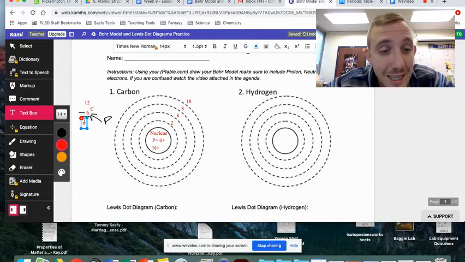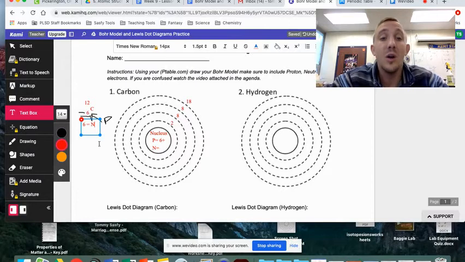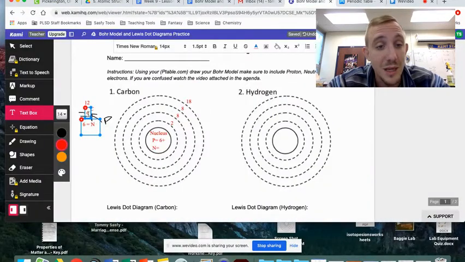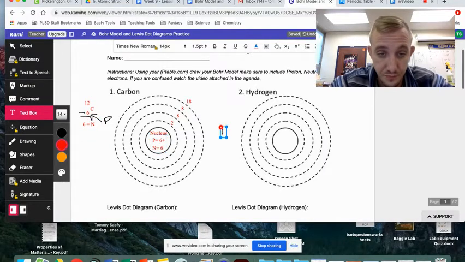So I have 6 neutrons. And I got all of these, let me make this bigger, based on the periodic table. So I took the rounded number and I subtracted the atomic number from it. And so that's going to give me my element symbol, from which I can figure out my neutrons. So I should have 6 neutrons.